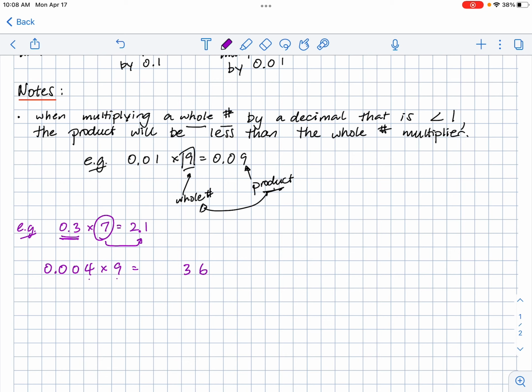Well, in my thinking, I know if I had 4/10 times 9, that would only give me 3.6 because it's one digit after the decimal place. If I had 4/100 times 9, if 4/10 times 9 is 3 6/10 or 3.6, then what would 4/100 times 9 be? Well, wouldn't that give me another digit after the decimal place? So 0.36.